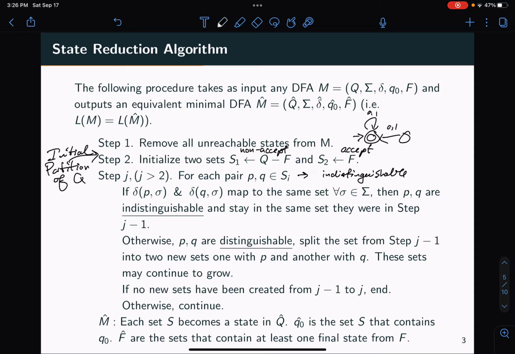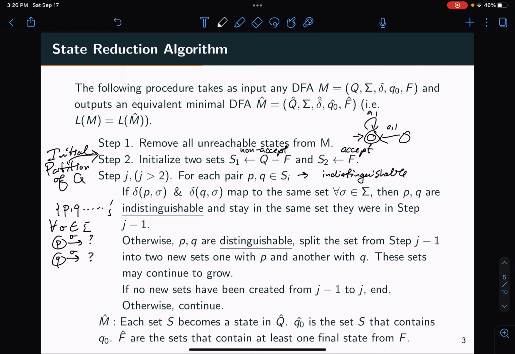So imagine you have P and Q, and you have some other states in your partition. What you're doing is checking for each symbol: when I'm in P, where do I go? And when I'm in Q, where do I go?